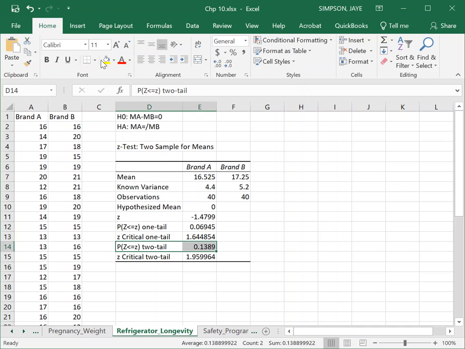I'm going to highlight that, and I can see that the p-value is 0.1389. Since the p-value is greater than 0.05, we cannot reject the null hypothesis. At a 5% significance level, we cannot conclude that the mean lifespans of brands A and B are different. Okay.